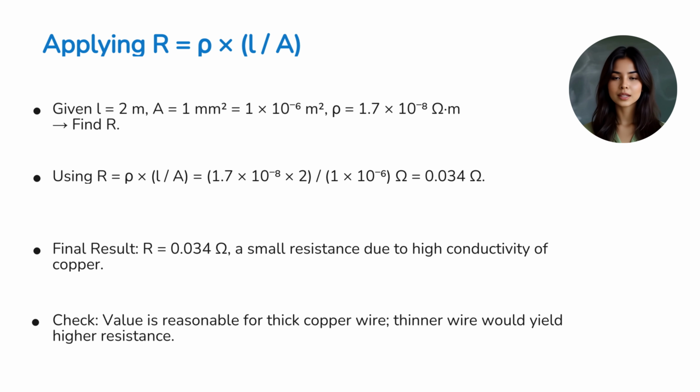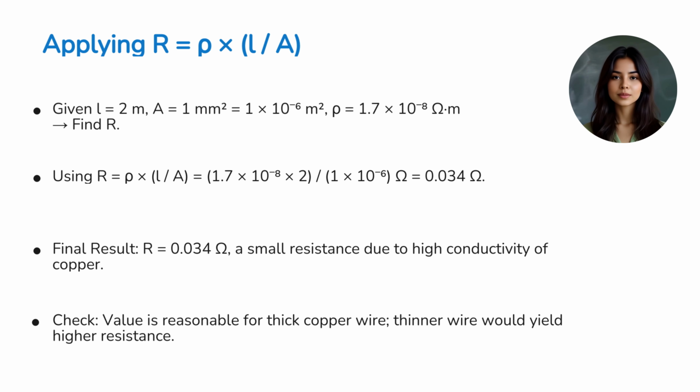Dividing powers of 10, minus 8 minus 6 equals minus 2. So, R equals 3.4 times 10 to the power minus 2 ohm. And writing that as a normal decimal, R equals 0.034 ohm. That's a very small resistance value.